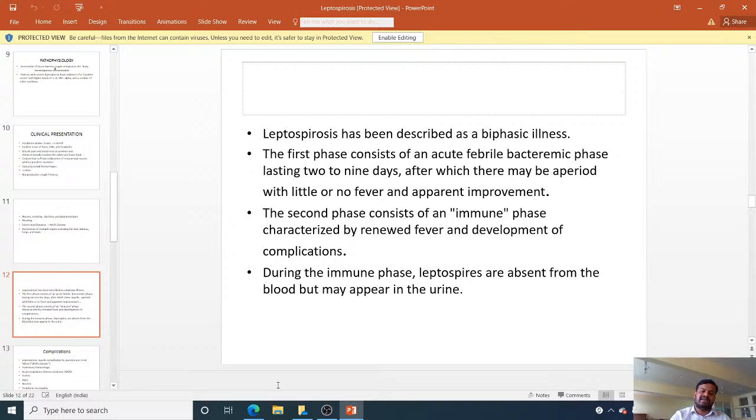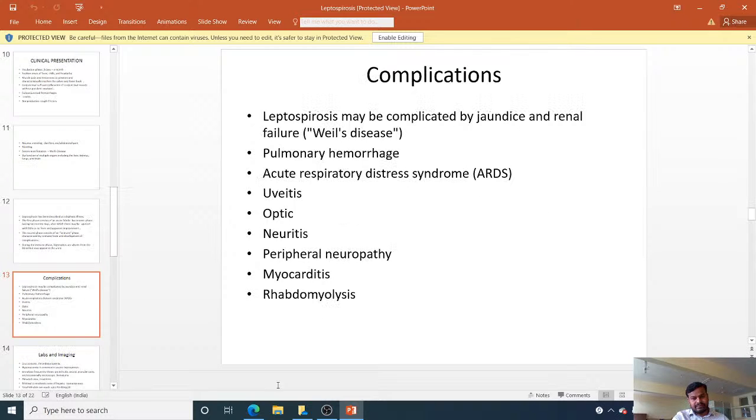The immune phase usually has fever and complications. In the febrile phase, there might or might not be fever, but it usually lasts 2 to 9 days. Many complications, as we have discussed: optic neuritis, peripheral neuropathy, rhabdomyolysis, acute respiratory distress syndrome, and pulmonary hemorrhage.